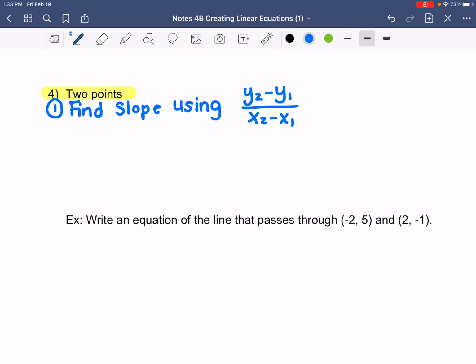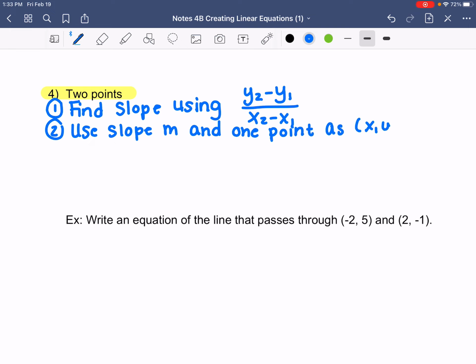And then we're basically going to do what we did on the last problem. You're going to go ahead and use the slope m and 1 point as x, y in the equation y equals mx plus b.